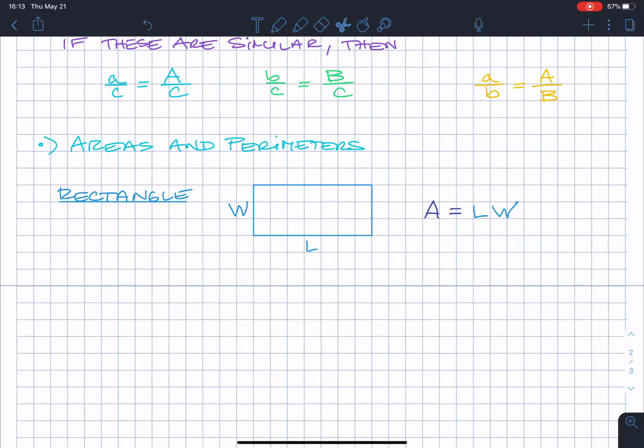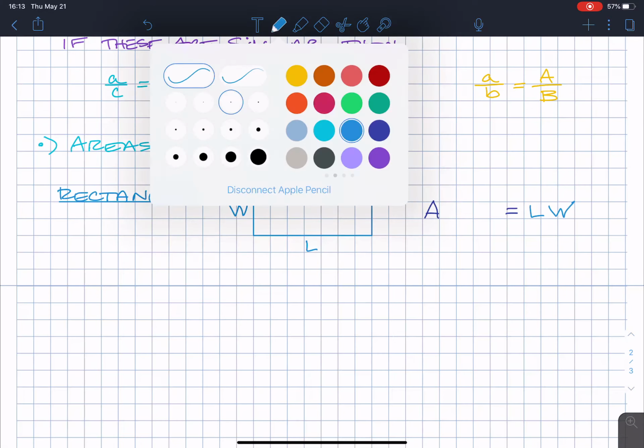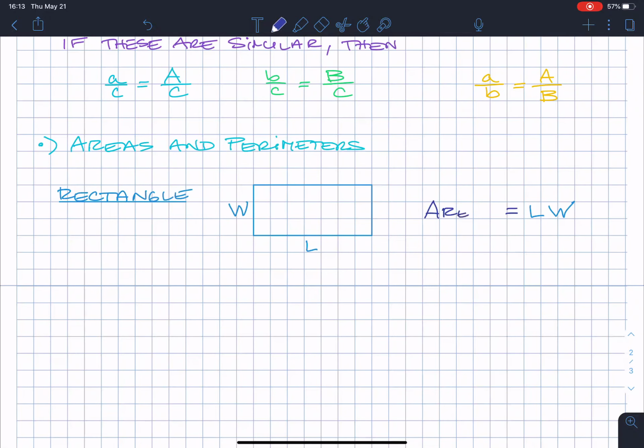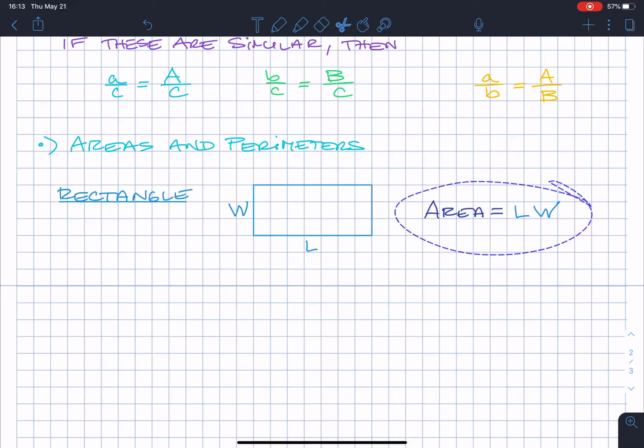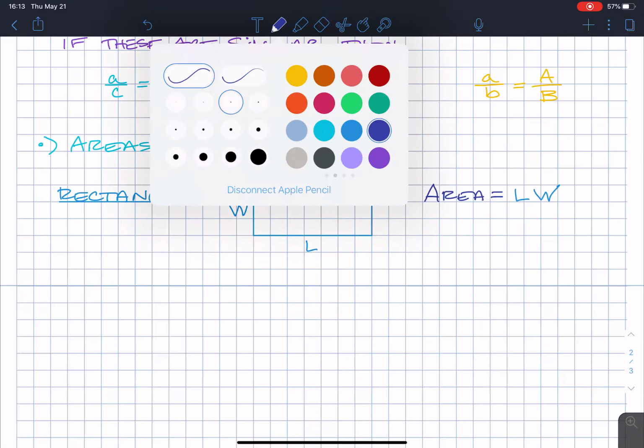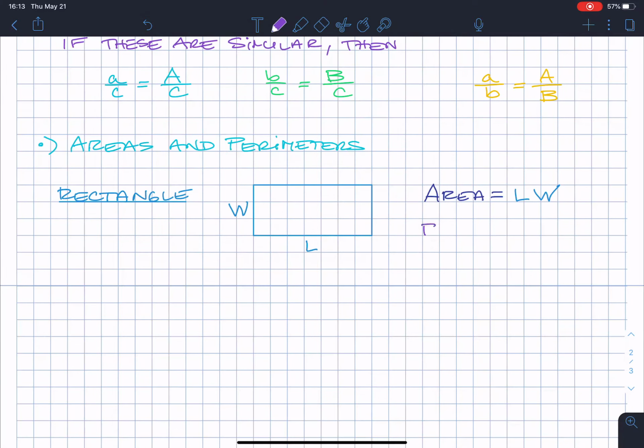And let me actually write out the word area instead of just writing A. So we know what that is. So area is length times width, or L times W. But what about the perimeter? So the perimeter, if you walk a perimeter of something, you're going to walk all the way around the edges.